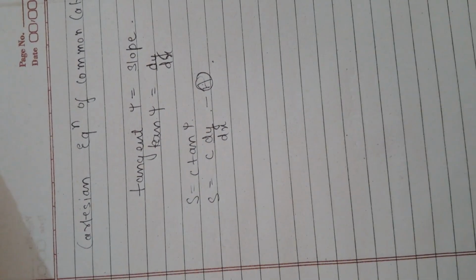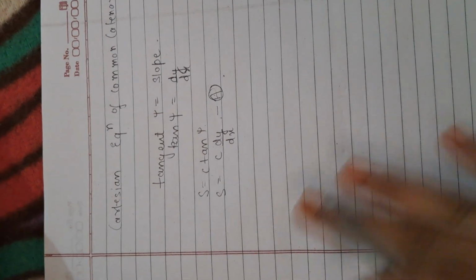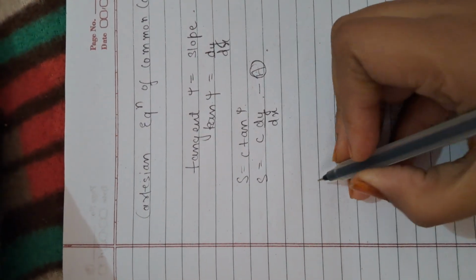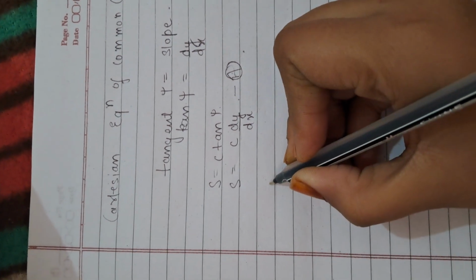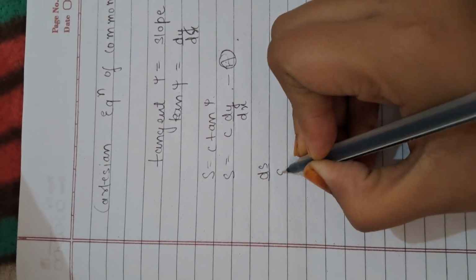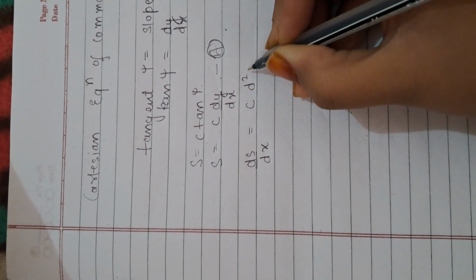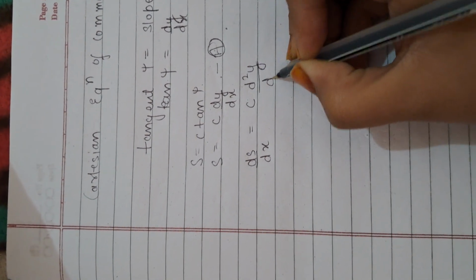Now we are differentiating the equation with respect to x. So we will get ds by dx equals c d2y by dx2.